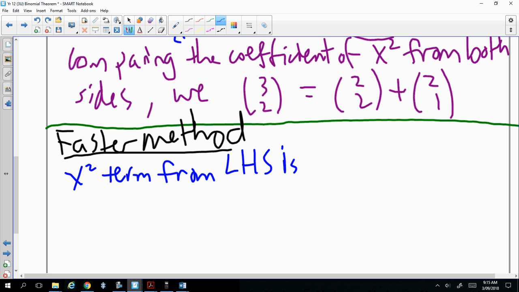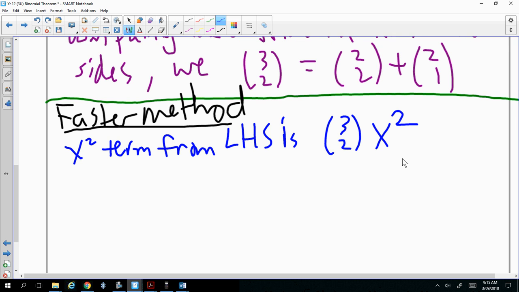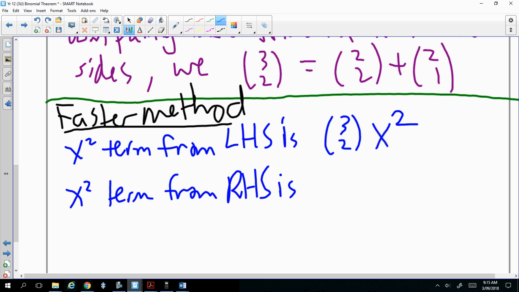Then you write the x squared term from the right-hand side is. Now remember what the right-hand side is: (1 plus x) times (1 plus x) squared. So you have to show your clear working.